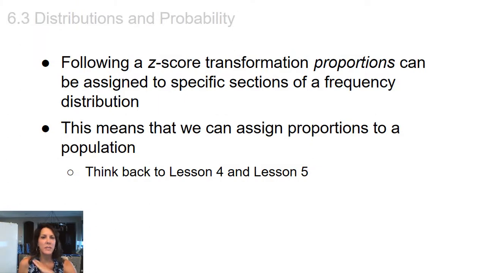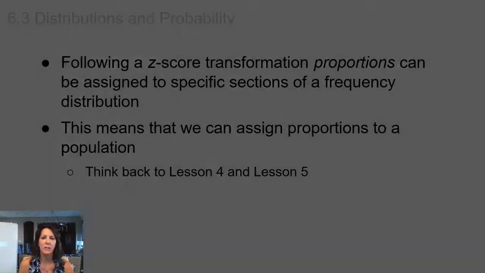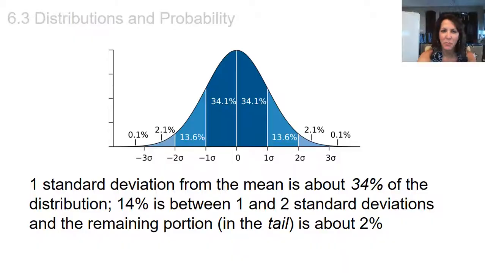So when we do the z-score transformations that we talked about before, proportions can be assigned to specific sections of a frequency distribution. And that means we can assign proportions to the population. So let's take a look and see what this looks like. This will look familiar to you. We have the normal distribution, and what we've talked about before is that there are 68% of the scores between -1 standard deviations and +1 standard deviations. Well, this graph just breaks it down a little bit more, 68% divided into 2.